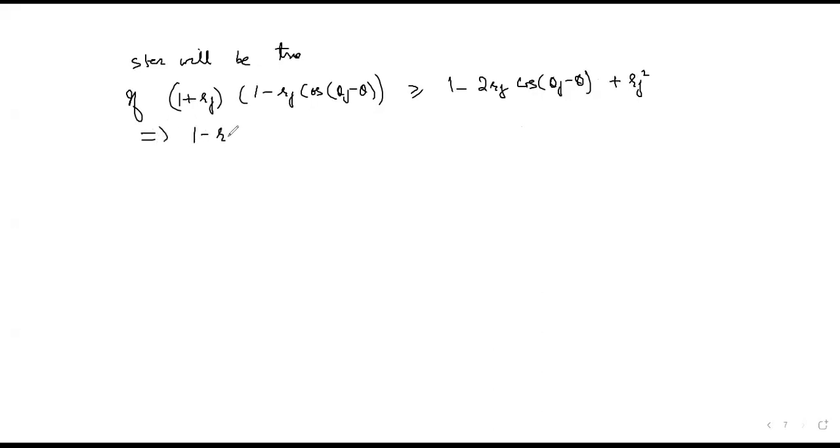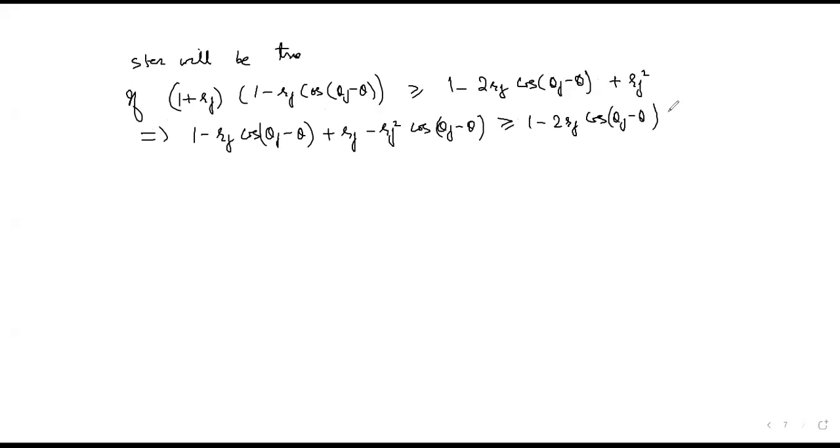So you'll get 1 minus rj cos of theta j minus theta. Then I have, अब rj से मैं ऐड किया तो plus rj minus rj square into cos of theta j minus theta is greater than equal to 1 minus twice rj cos of theta j minus theta plus rj square. अब हम क्या करेंगे? इसको यहाँ लाएंगे और ये जो अपना rj है इसको यहाँ ले जाते हैं.